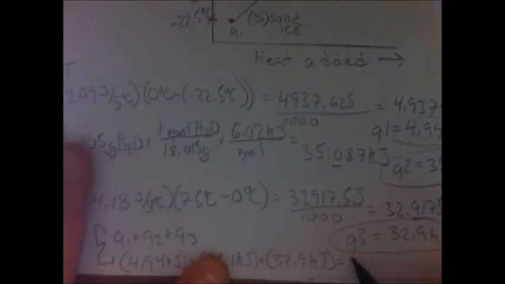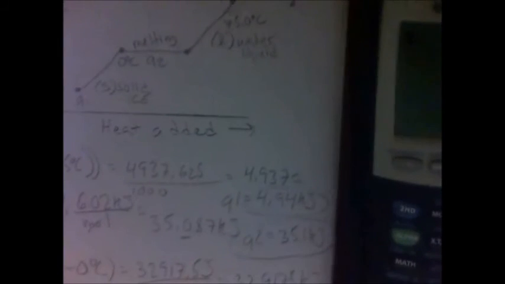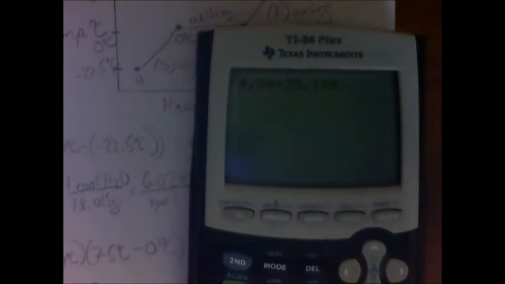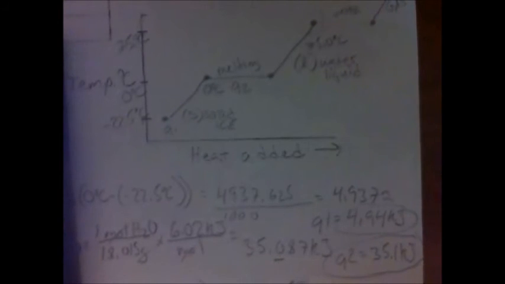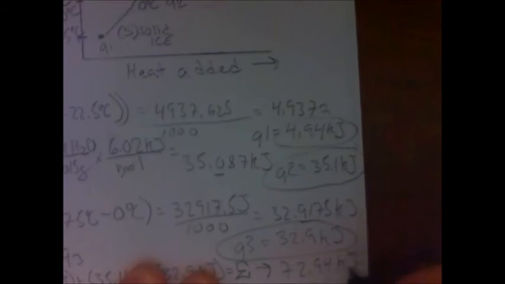And that'll give us our final sum. We'll get on the calculator and we'll figure it out. So we'll have 4.94 plus 35.1 plus 32.9, and we'll end up with 72.94 kilojoules.